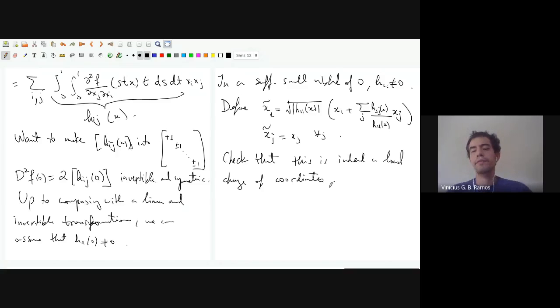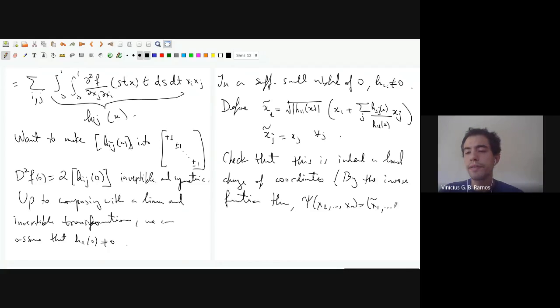You can just check that the derivative of this mapping at the point 0 is invertible, so by the inverse function theorem, this psi of x1 to xn, which is x1 tilde to xn tilde, is a local diffeomorphism.